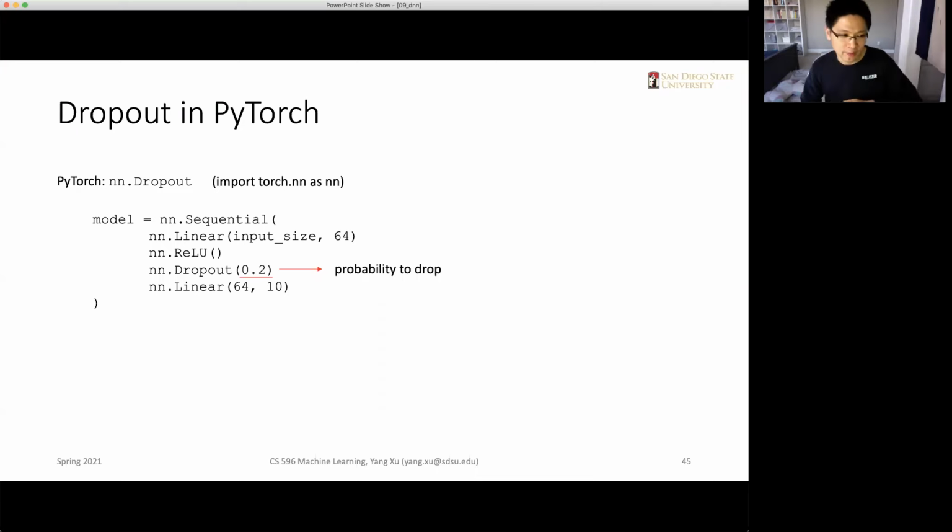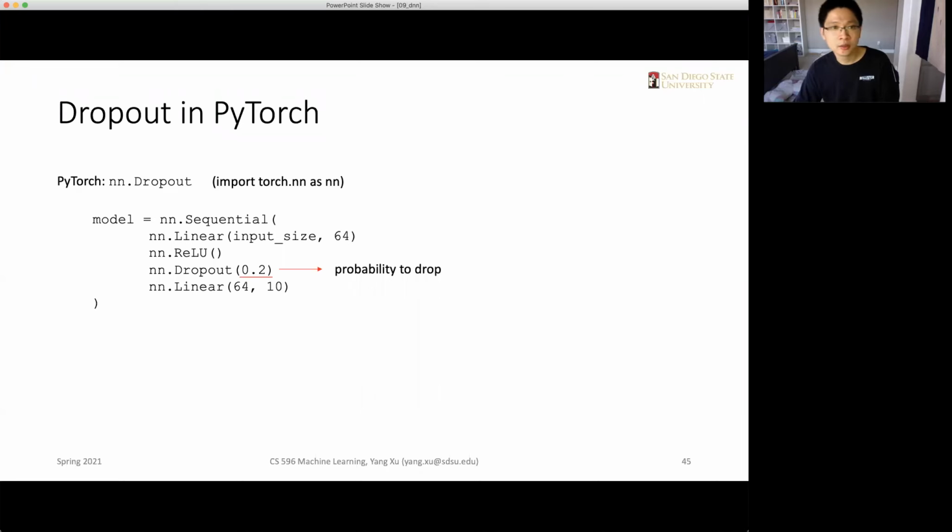So the model being trained in this way will not rely too much on fixed patterns in the data. It doesn't rely too much on the specificity or idiosyncrasies in the training data, but recognizes the more general patterns.